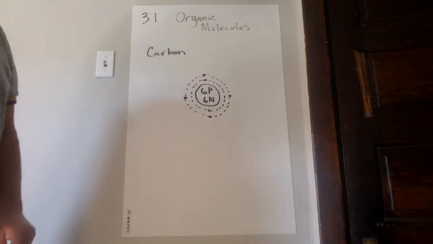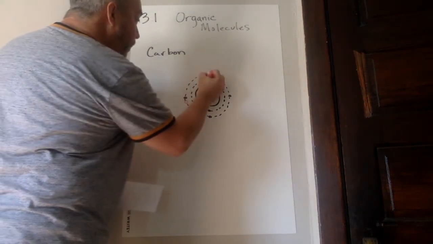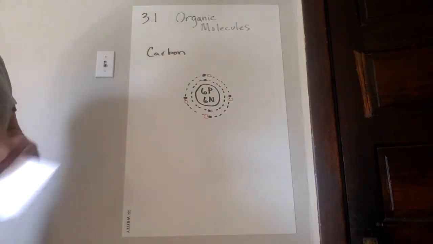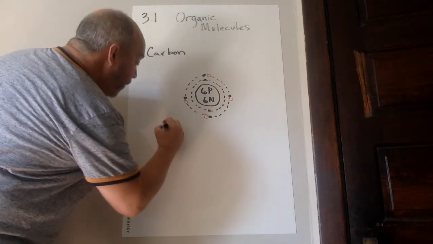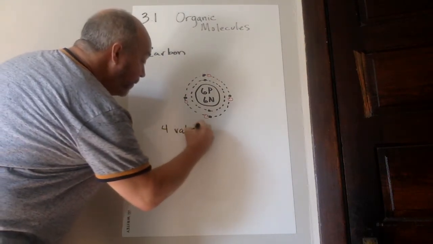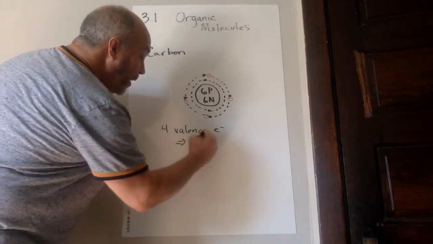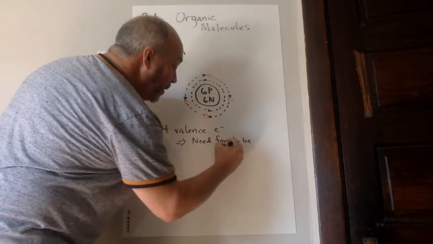So that means carbon is looking to make 4 relationships. Remember, for the second shell to be complete, we need 8. So there are 4 valence electrons in carbon. So therefore it needs 4 to be complete.